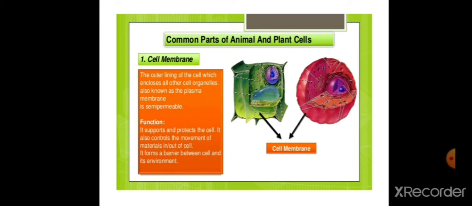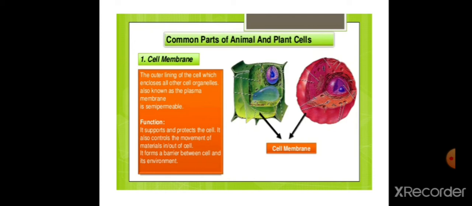These are some common parts or some common organelles which are present both in plant cell as well as animal cell. So the first one is the cell membrane. What is the function of this cell membrane? If you remember the topic movement, we saw that all the molecules could move in and out of the cell because of a thing present which is called as the membrane.